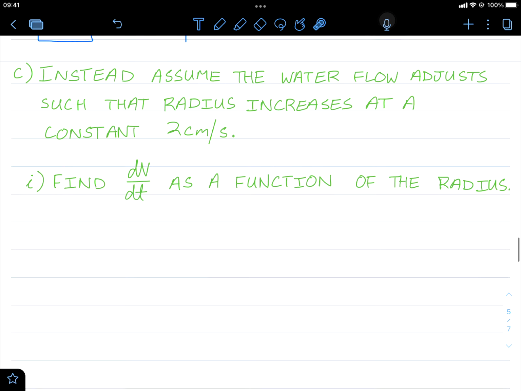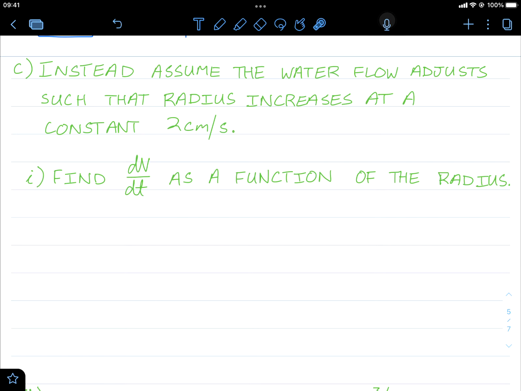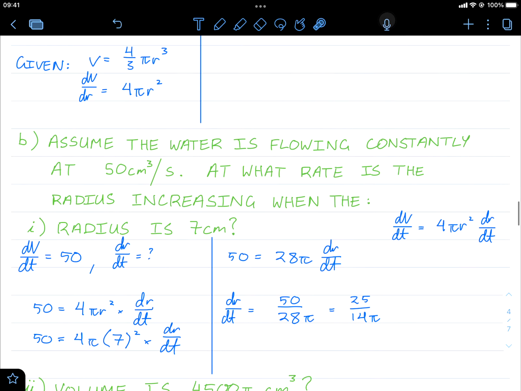Now it says, instead assume the water flow adjusts such that the radius increases at a constant 2 centimeters per second. So in the previous question, the volume was always 50 centimeter cubed.